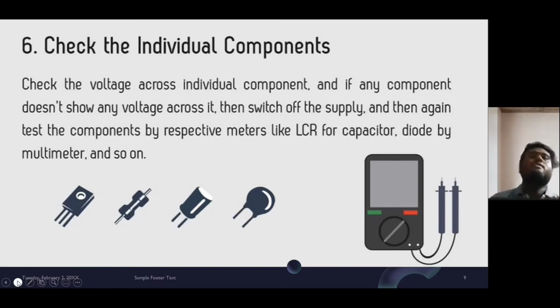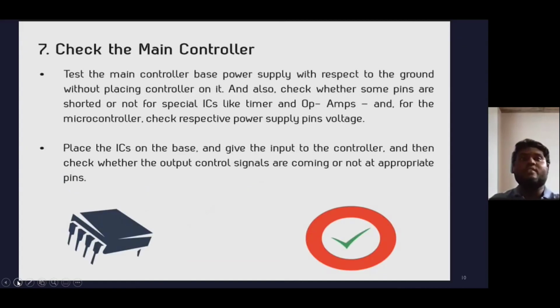The next step was to check the main controller, which means test the main controller base power supply with respect to the ground without placing the controller on it, and also check whether some pins are shorted or not, for the special ICs like timer and op-amps, and for the microcontroller.